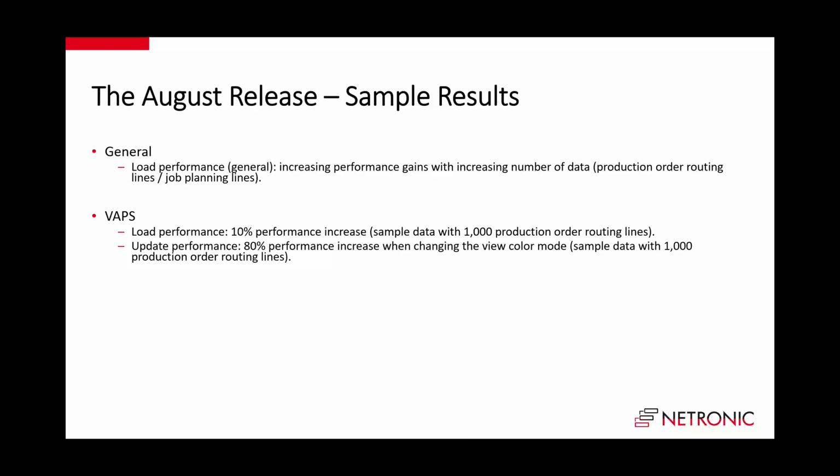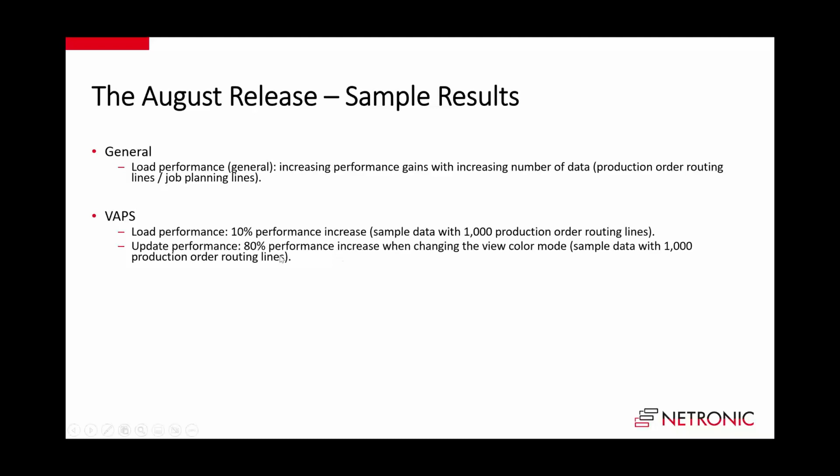You can switch from the availability view to the progress view, from the progress view to the production order view with the production-specific colors. Then you can use a color scheme that shows you the production orders by status, and so on and so forth. And we could really increase this performance when changing the color views, which you do every time, by 80%. So what took some time to wait before is now really super fast.